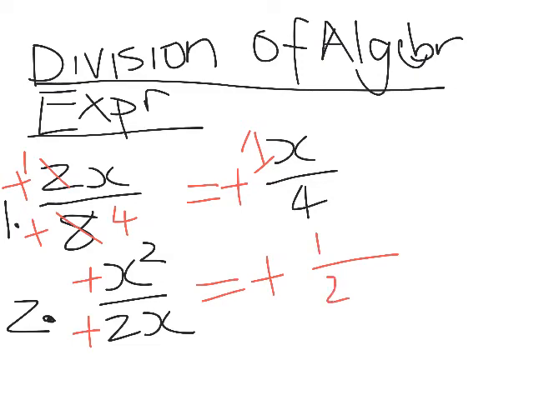But now I want to write this numerator in expanded form. I'm going to go x times x, and then I have x in the denominator, it doesn't change. So x times x, and x in the denominator.